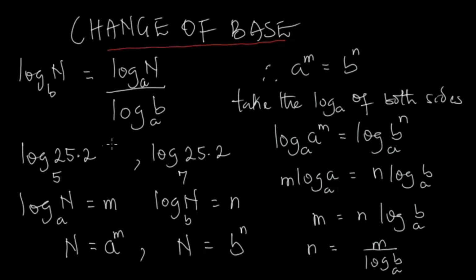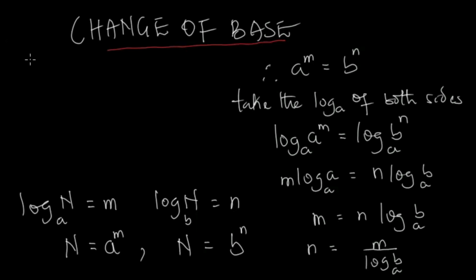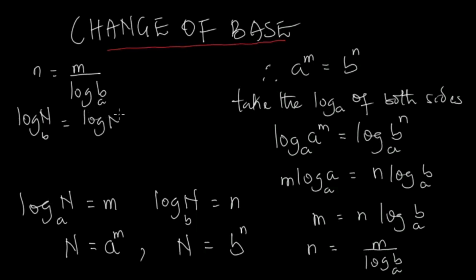So let me clear out this part. Let me rewrite it first. n equals m over log b base a. So for n, we have log n base b. Then m is log n base a all over log b base a.